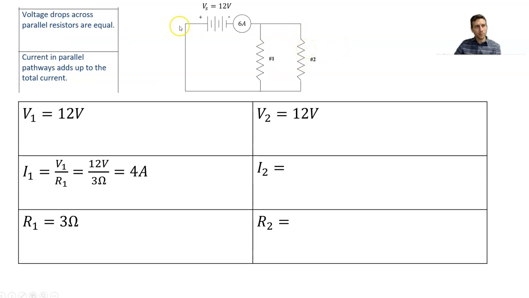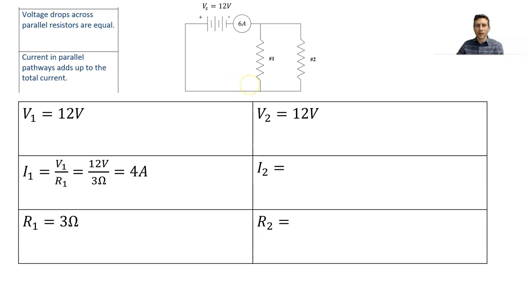Well, the rule is that the current through those parallel pathways has to add up to the total current. And what is the total current? It is 6 amps. All of the current leaving the battery goes through this ammeter, and then it splits up, and some goes this way, some goes this way. And if we had an ammeter here measuring the current, that would also be 6 amps because it's measuring all the current going through there.